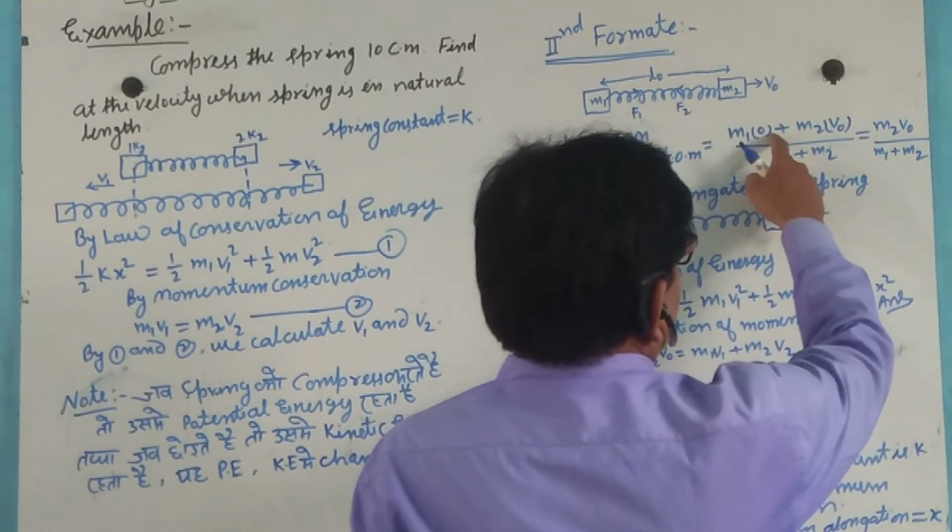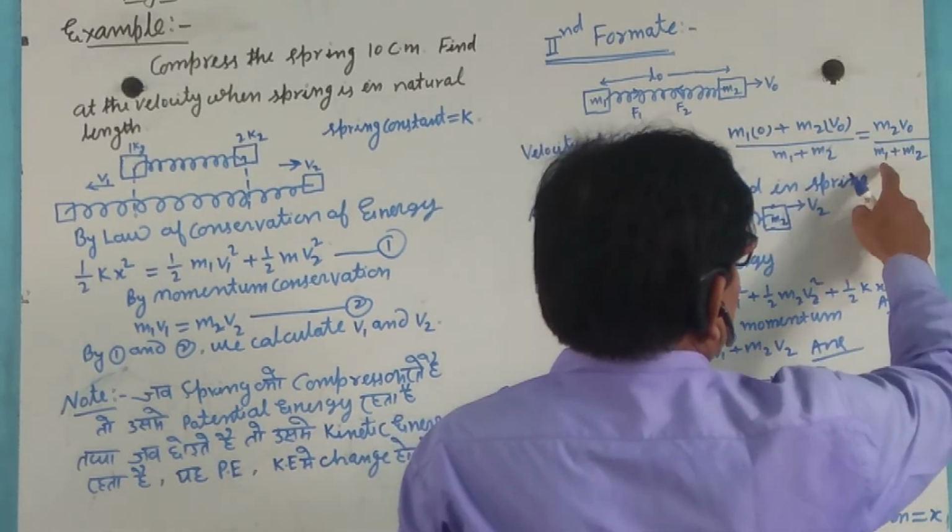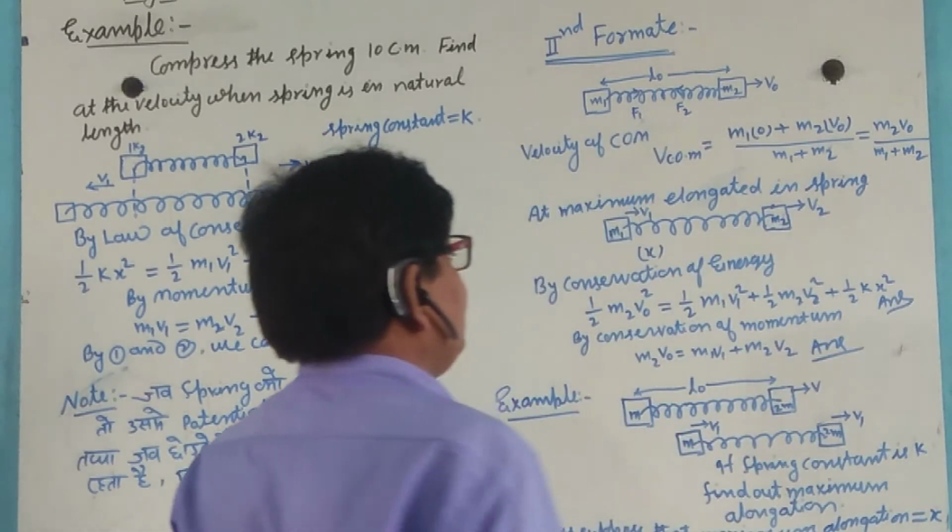This equals m2 v0 divided by m1 plus m2.